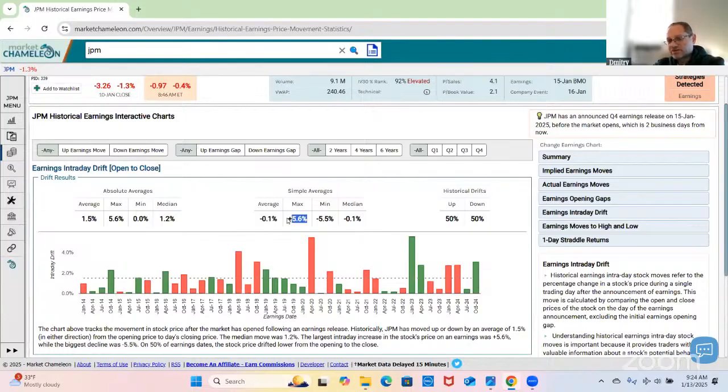Best move up 5.6%, worst move negative 5.5%, median move 0.1, with up and down moves 50-50. So that's given us the perspective of how the distribution of returns of the stock looks post earnings, trading the day after it, from the open to the close.